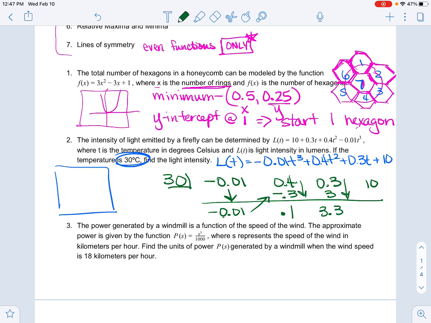We multiply. We add straight down. This is the solution. So if the temperature is 30 degrees, find the light intensity. Well, the light intensity is going to be 109 lumens.